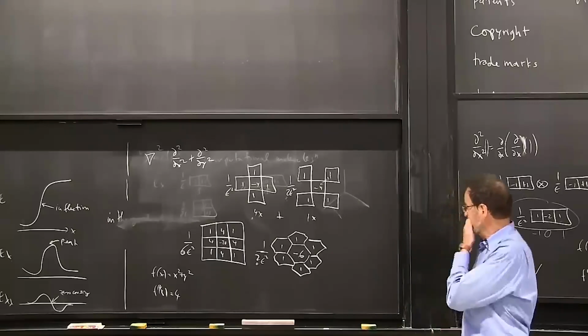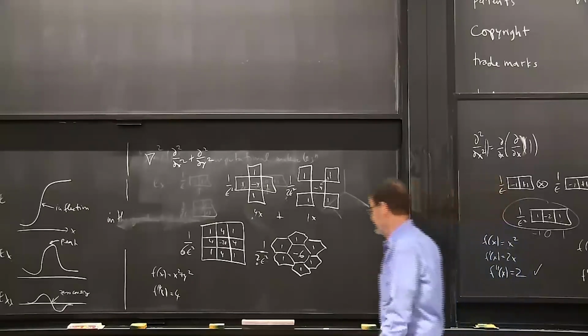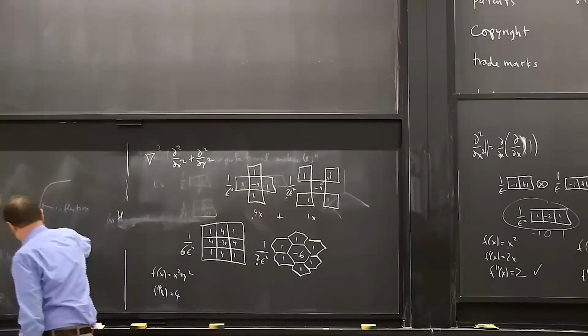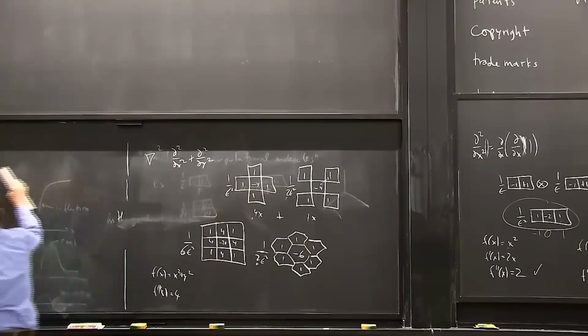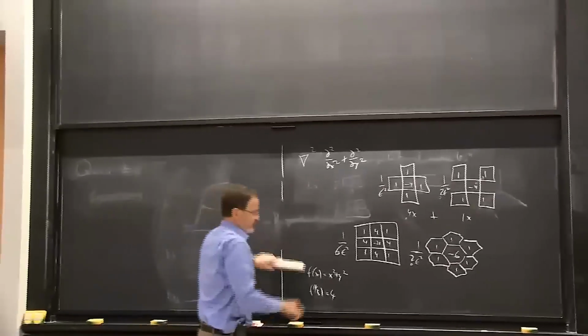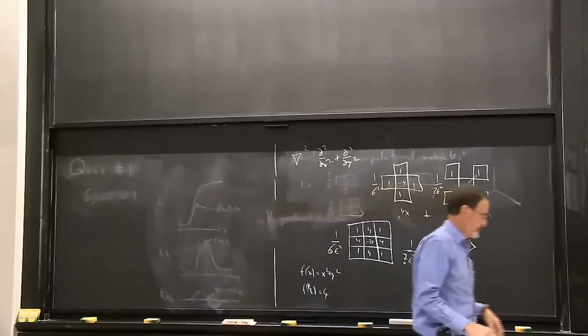Okay, so it's sort of annoying that we don't have hexagonal pixels.